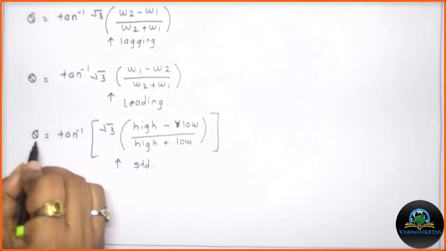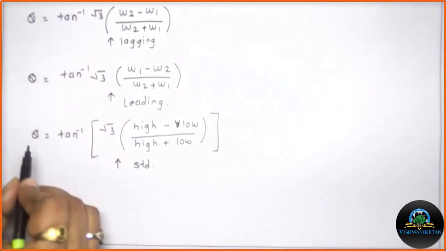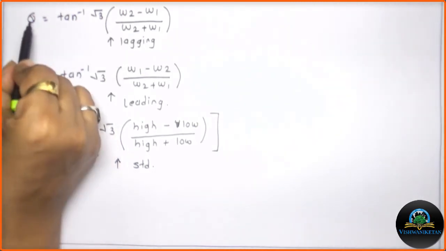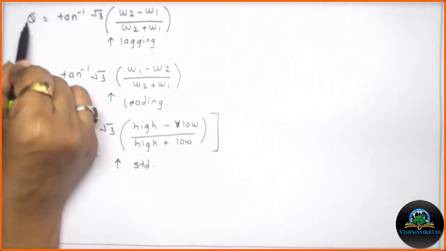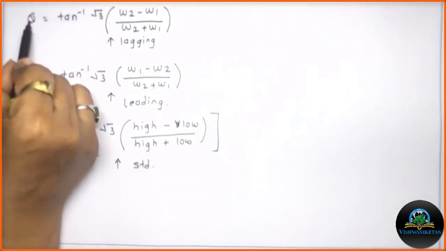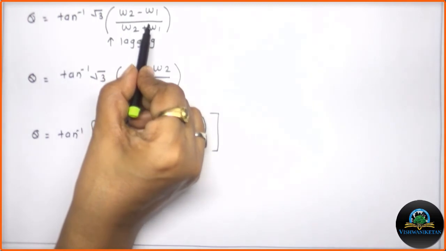Now by using these three equations or any of them as per the question, from this equation we can find the theta, from that cos theta, and we can find W1, W2 separately also if it is given.